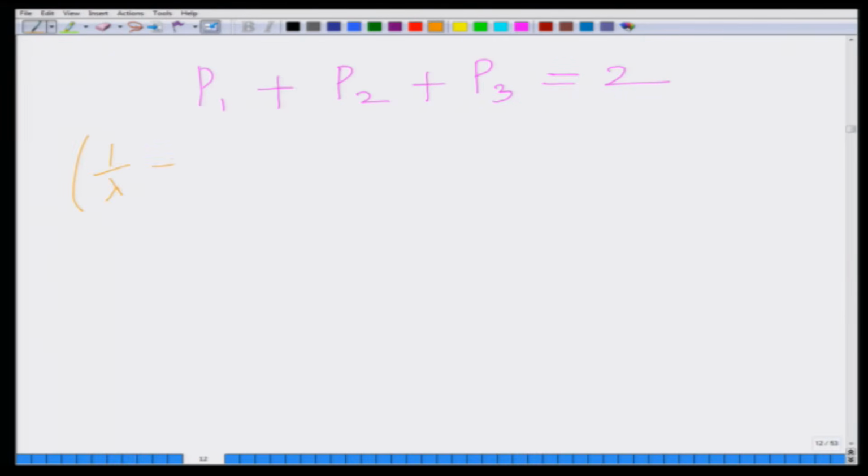If I now substitute for P1, P2, P3, I have 1 over lambda minus 1 by 52. Remember, P1 equals 1 over lambda minus sigma square by 52, but sigma square is 1, plus 1 over lambda minus sigma square by 13, but sigma square is 1, plus 1 over lambda minus sigma square by 4, but sigma square equals 1, equals the total power, which is 2.